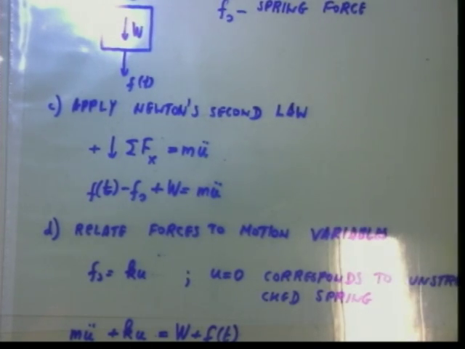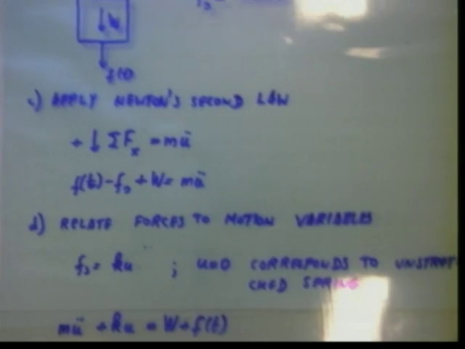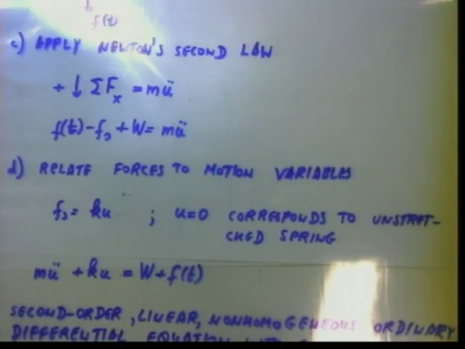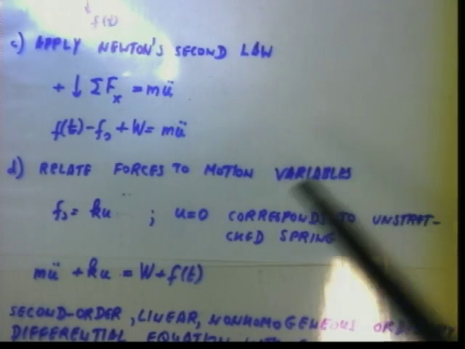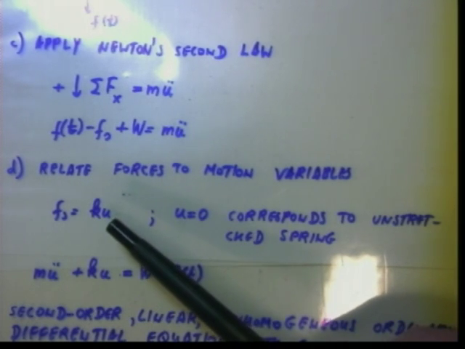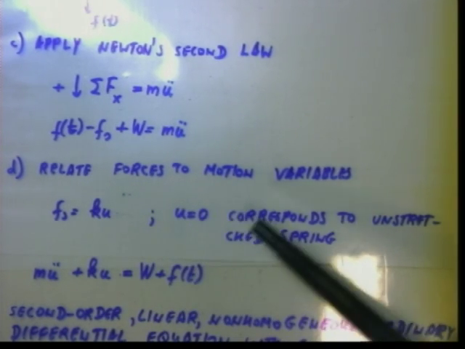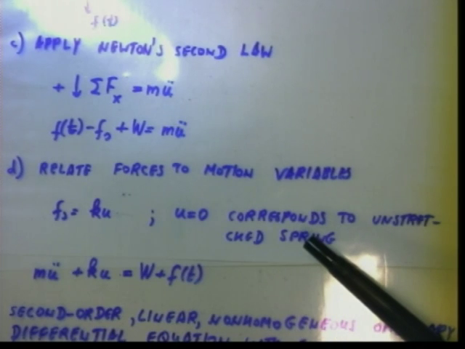Then we go further. Now we would like to relate forces to motion variables. How? F sub s equals k u. u equals 0 corresponds to an unstretched spring.